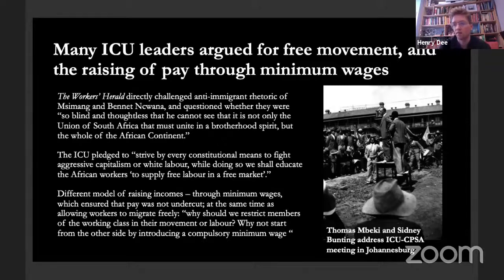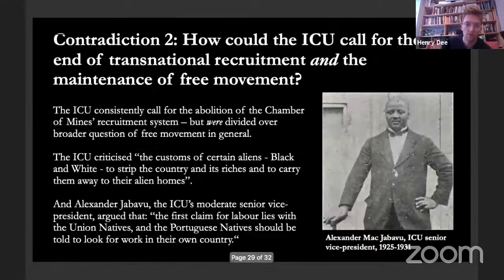So they argue, rather than introducing immigration restrictions, which actually aren't that effective anyway, why not introduce controls over wages at a local and industrial level? And actually that's a far more effective mechanism for improving wages. So we don't need to control the borders, we just need to control wages at a local level. And that's how we raise wages, not by reducing immigration.